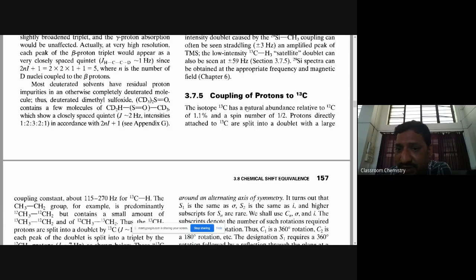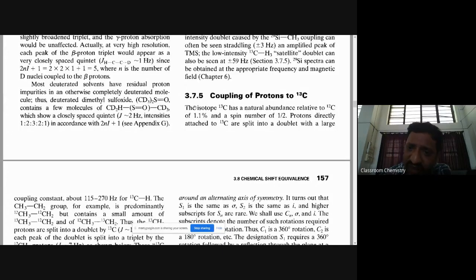Natural abundance of C13 is 1.1%. And that's why if you go for the instrumentation, the C13 NMR requires more time because its natural abundance is very low.